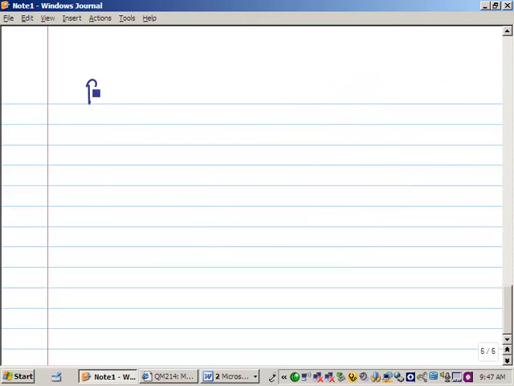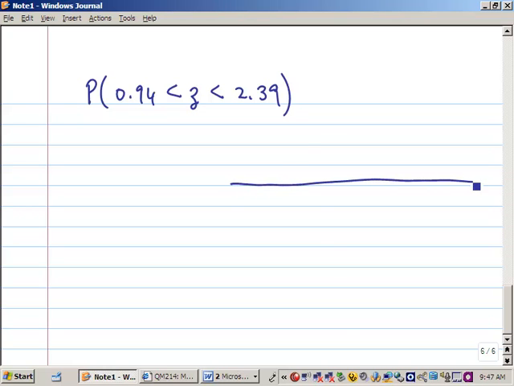Let's say we want to find the probability of getting between 0.94 and 2.39. Okay, well, draw a distribution and figure out what the area might look like.